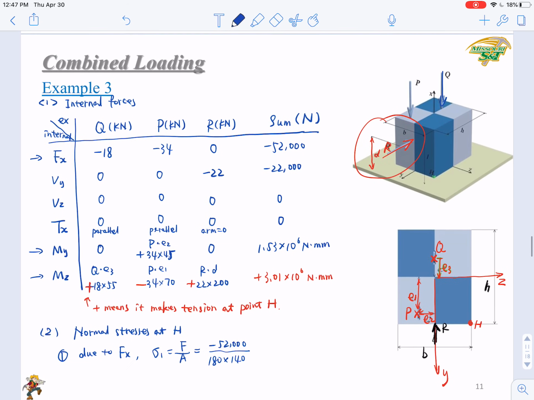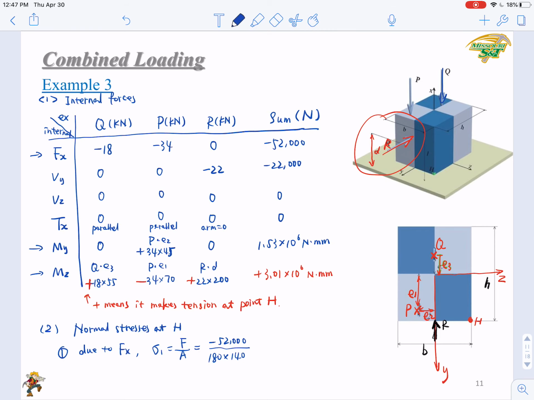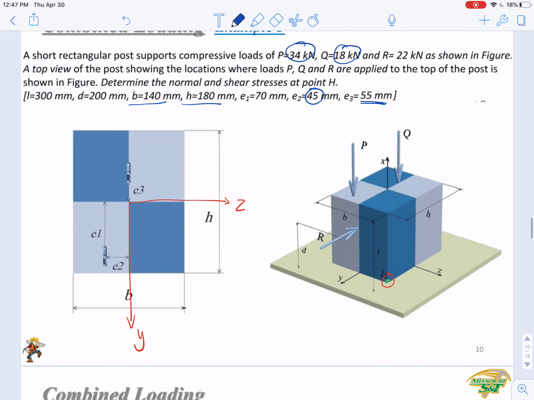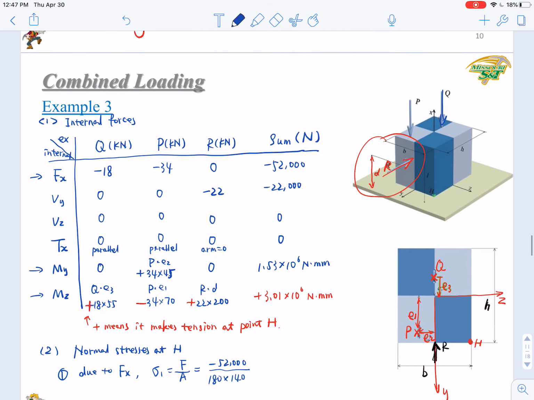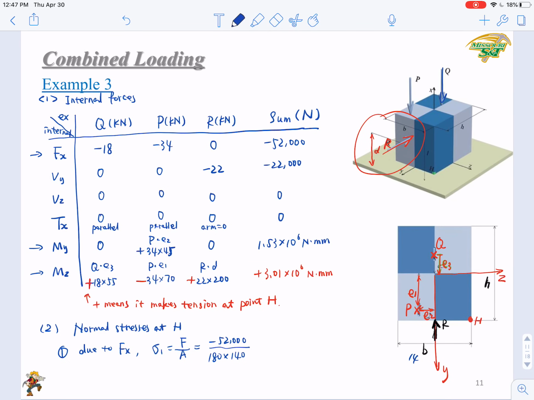There are 2 dimensions. B is 140, H is 180. So here the result will be negative 2.06 MPa. Okay, so this is the first component.